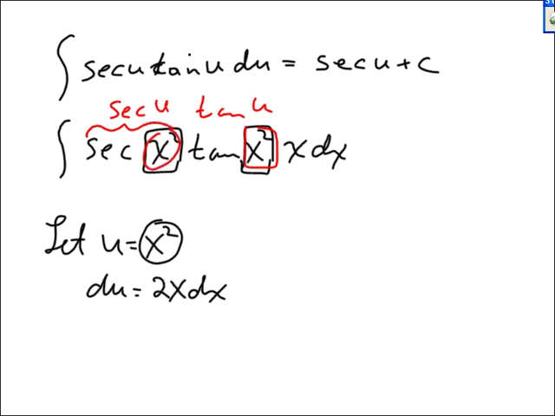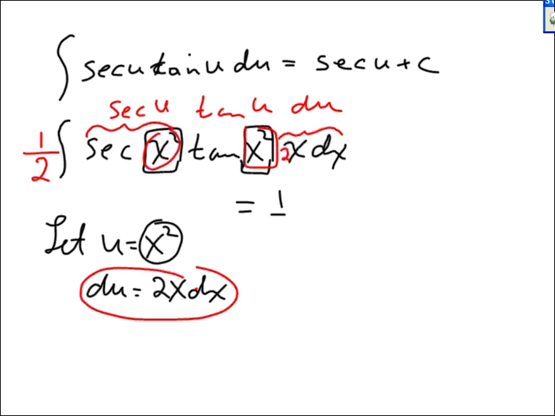Now, if I only had a 2 here, then 2x dx is du. But if I put a 2 in the numerator, I have to bring out its reciprocal. So now this integral is 1/2 the integral of secant u times tangent u times du.